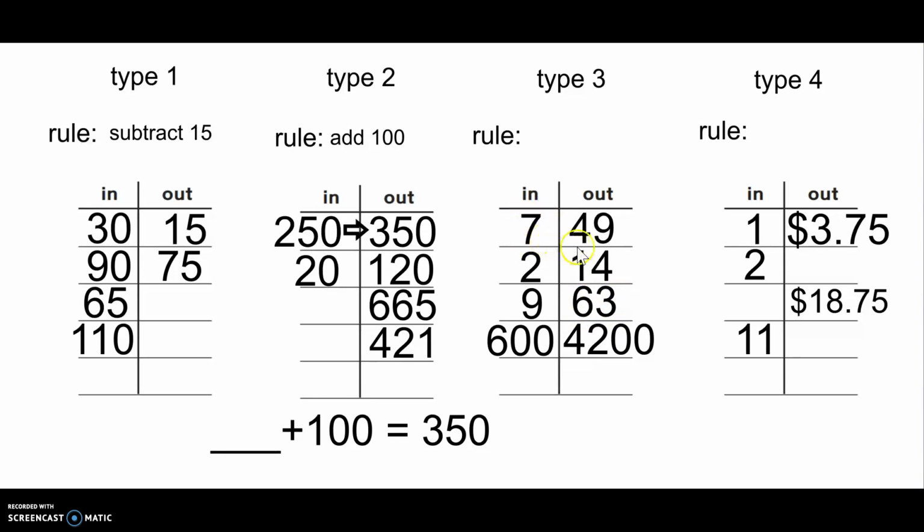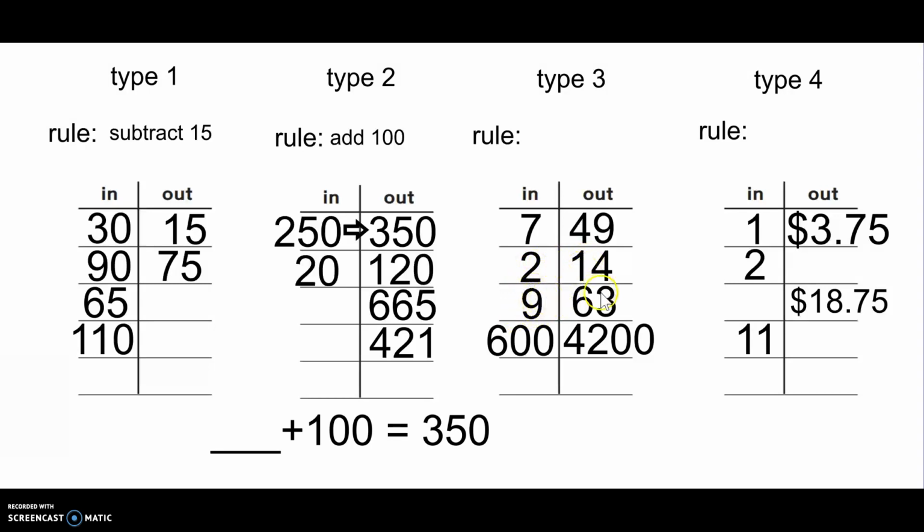7 goes in, 49 comes out. Well, the numbers are getting bigger. Could it be addition? 2 goes in, 14 comes out. Doesn't seem like adding will work here because 7 plus a big number is going to get me to 49, but 2 to 14, that's only going to be plus 12.